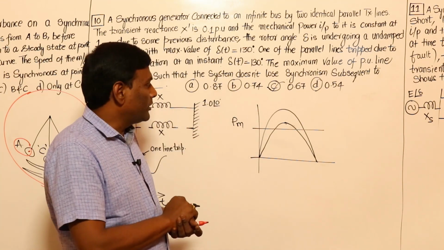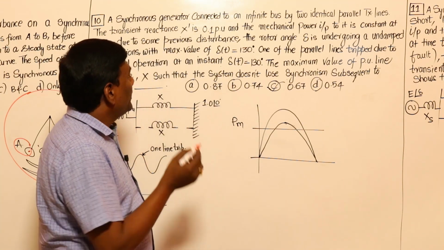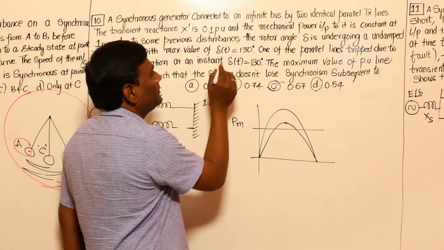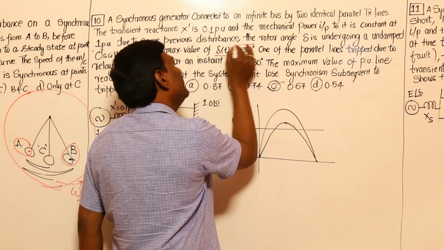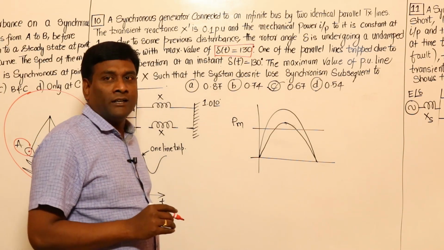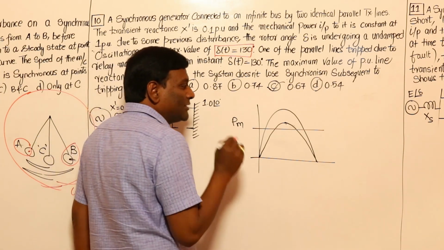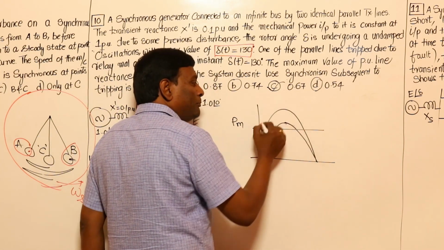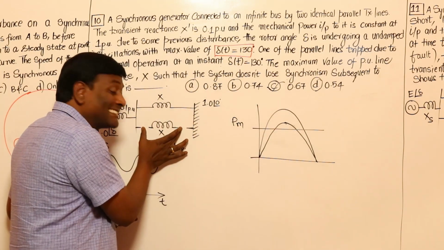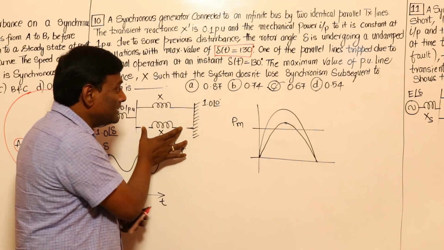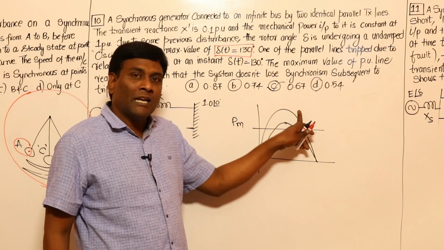Now if you see, for example, mechanical power is 1 per unit here, electrical power 1 per unit here. Now what happened here, before fault, before about to fault, it was already in transient condition. So it was 130 degrees. Before disconnecting this, my characteristic should be the upper one.